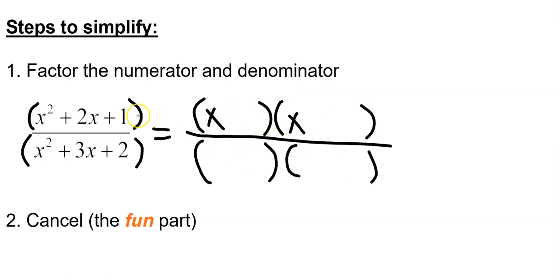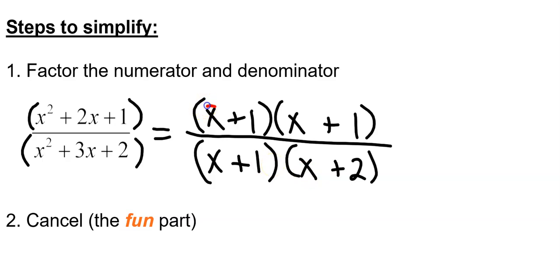Factors of 1 that add up to 2, maybe 1 and 1. All the signs are positive, so plus and plus. That works. And then we'd have x and x. Factors of 2, so it might be 2 and 1. They're both positive, and if you expand that, it does equal that, so that works.